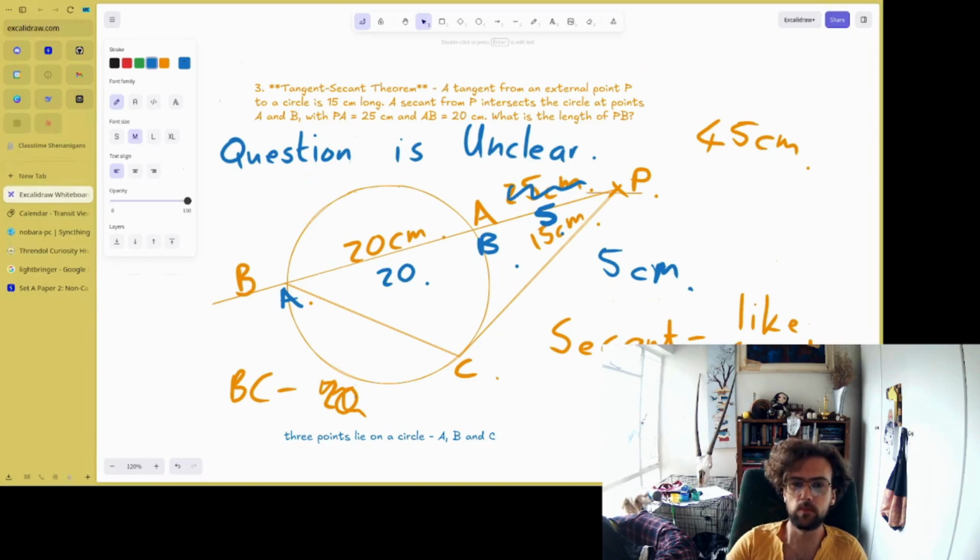So a tangent from an external point to C is 15 centimeters long.